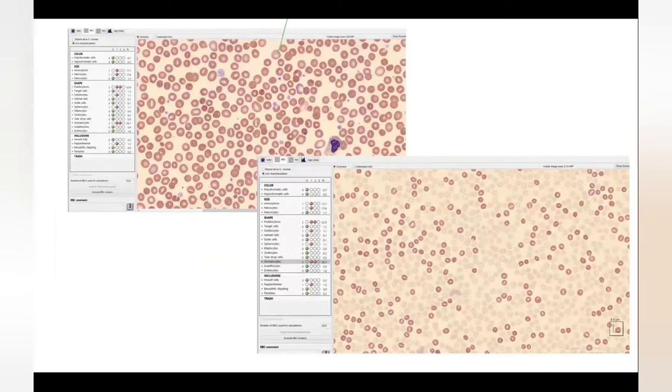If you're not very happy with the report it's giving you, you still have the image available on your computer, and you have every leeway and freedom to interpret it the way you want.